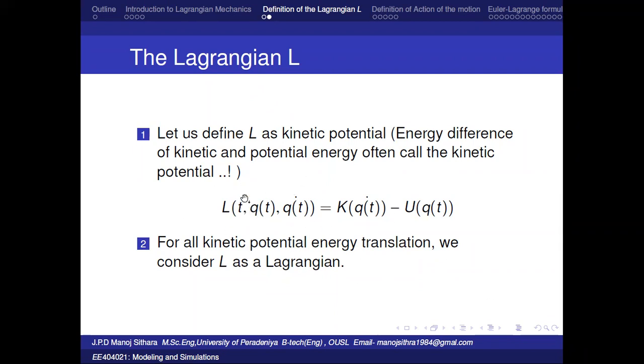The Lagrangian will depend on time, position, and velocity. Therefore, we can define this statement to represent the Lagrangian, right? For all kinetic potential energy translation, we consider L as the Lagrangian.